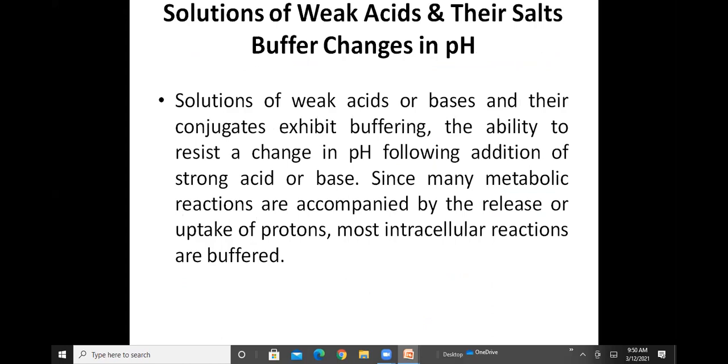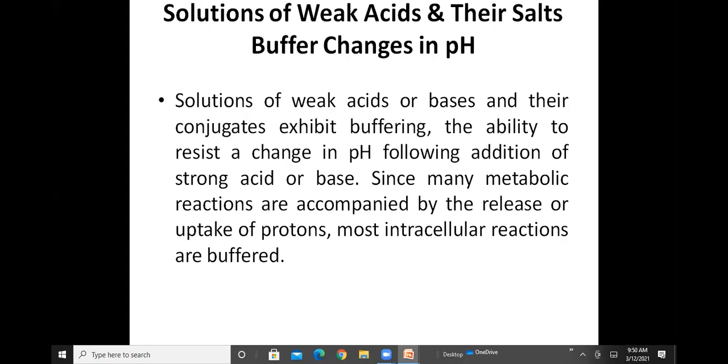The solution of weak acids or bases and their conjugate base or conjugate acid would exhibit buffering. Their ability to resist the change in pH following the addition of a strong base or a strong acid is buffering.